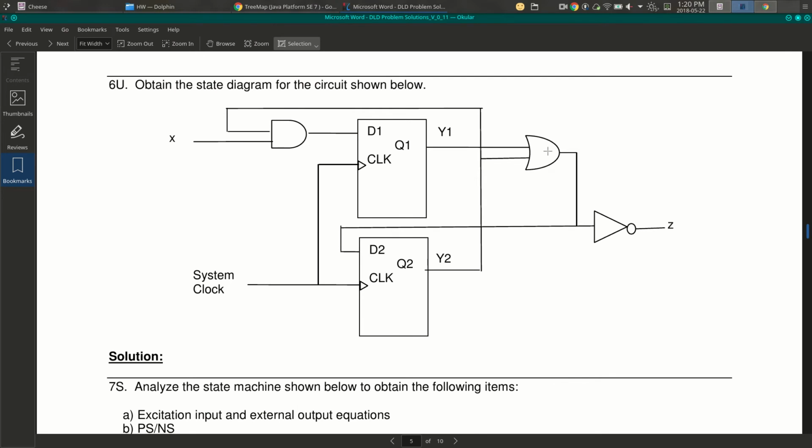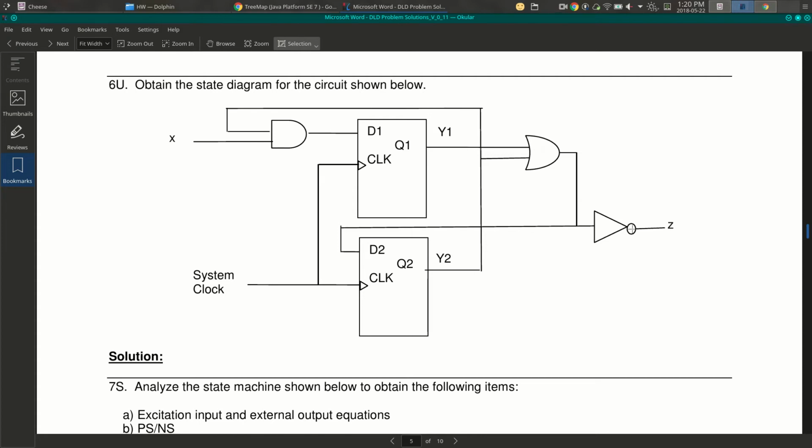All right, and then we also have an output, so we need to write an equation for the output Z. And what would that equation be? Yes, exactly. Here, I turned this into an OR gate. That's the OR gate we just looked at. It's Q1 or Q2, and it goes into an inverter.